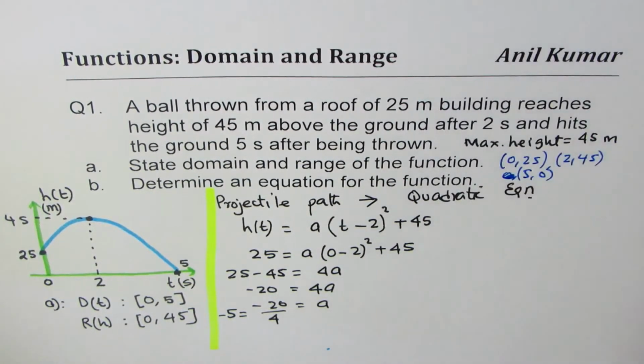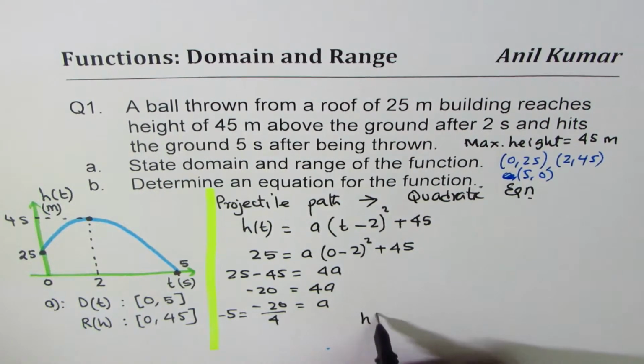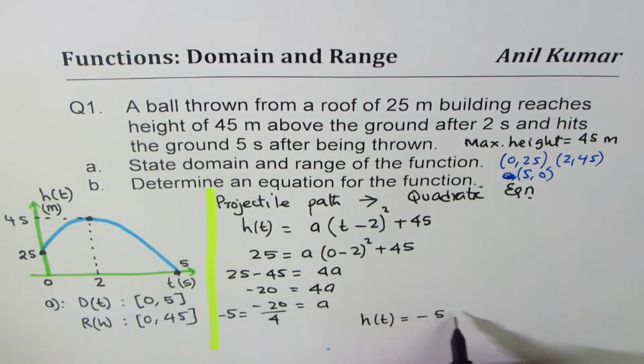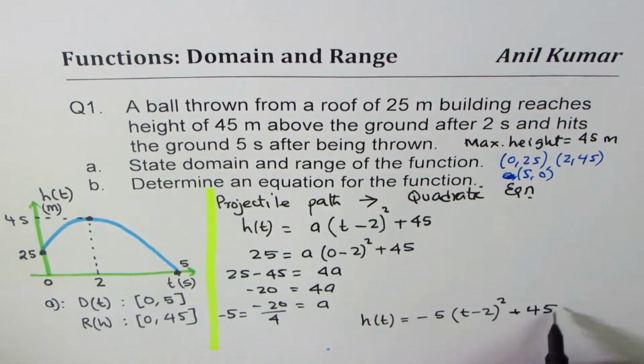Do you see that? So that's what we get, and so we can write down our equation as h of t, let me write down here, h of t equals minus 5 times (t minus 2) whole squared plus 45. Is it okay? So you get your equation.